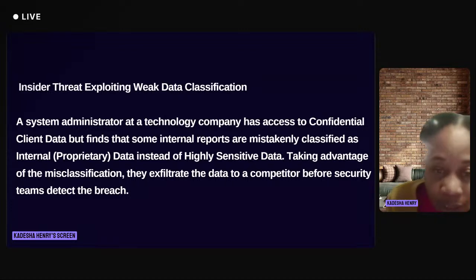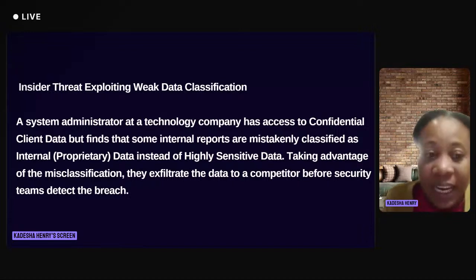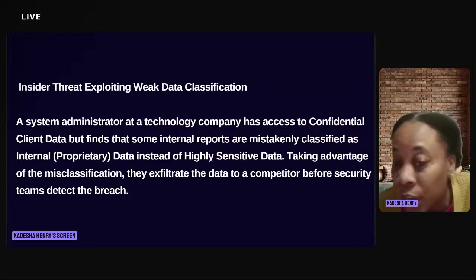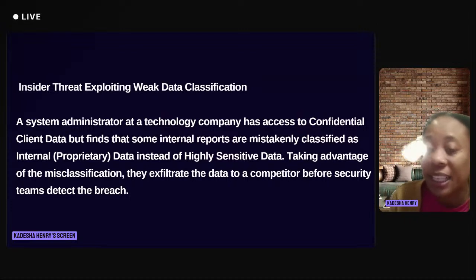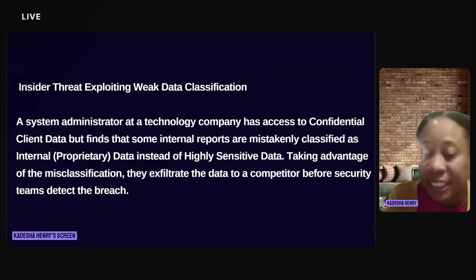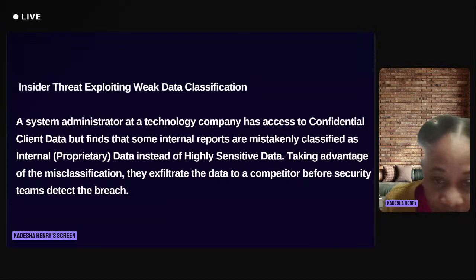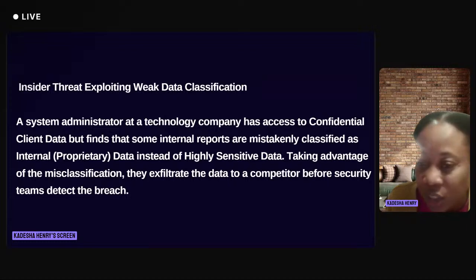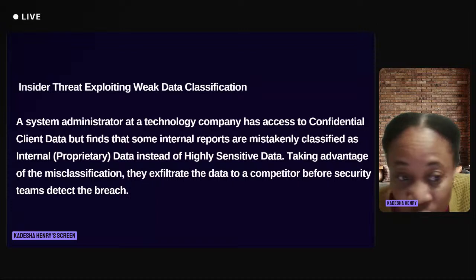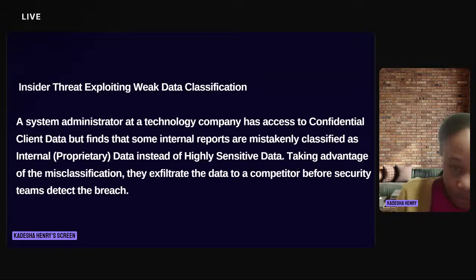A system administrator at a technology company has access to confidential client data but finds that some internal reports are mistakenly classified as internal data instead of highly sensitive data. Taking advantage of the misclassification, they exfiltrate the data to a competitor before the security team detects the breach.